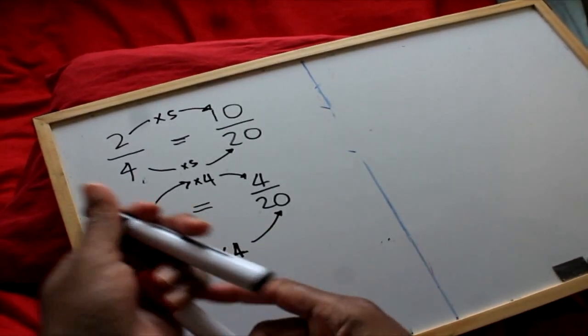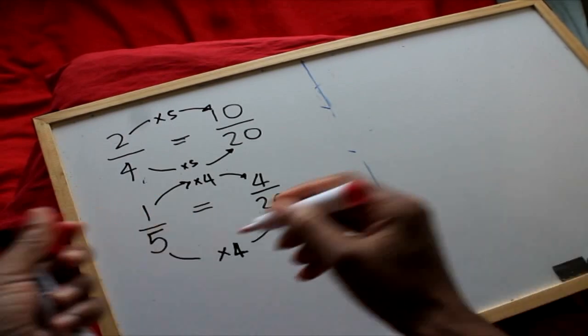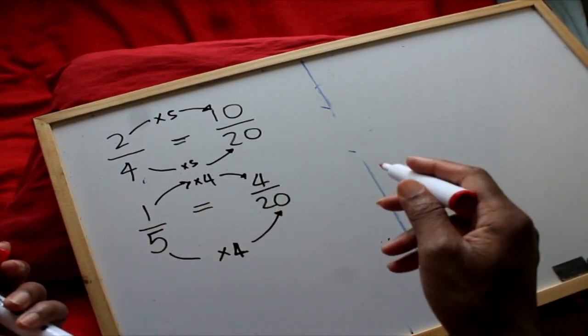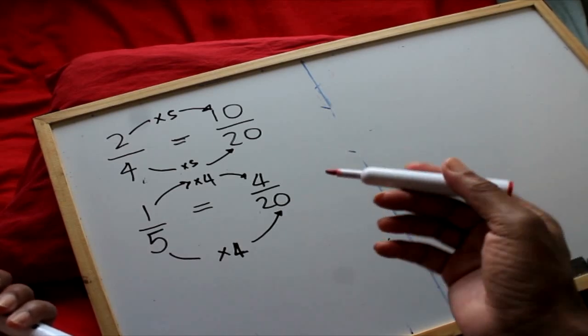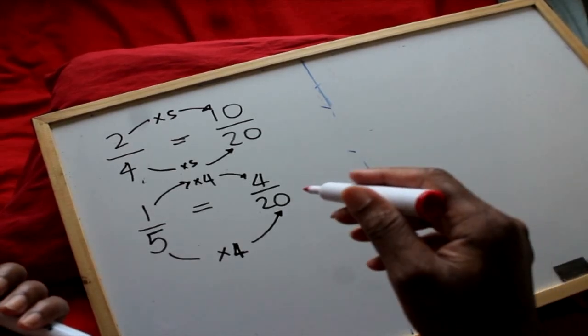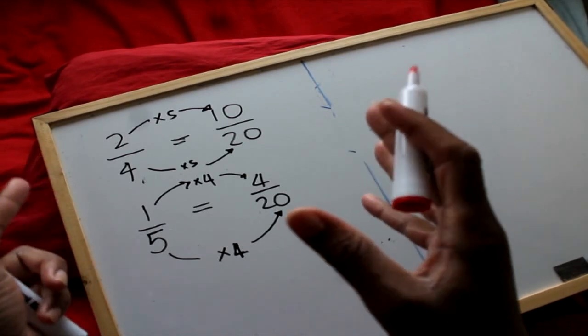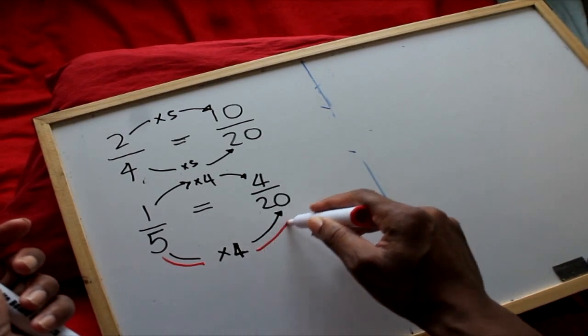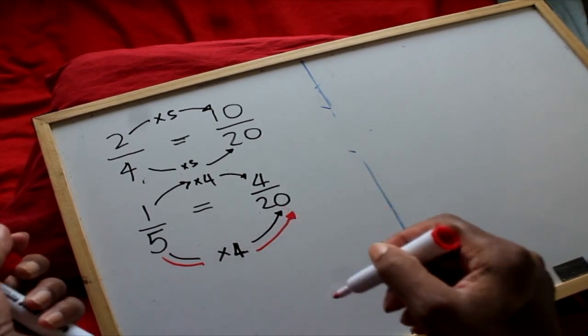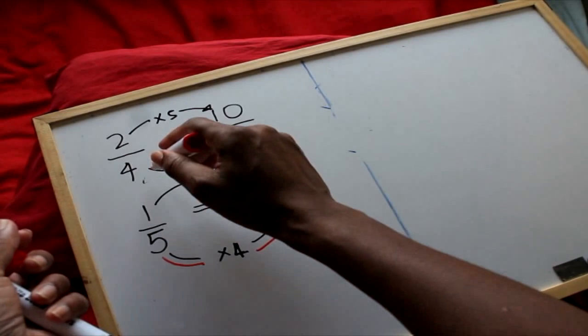And the important thing in this is that in order for us to add fractions, the point to always remember is in the end we need the denominators to be the same. So we multiplied this denominator by 4 and it gave us 20.